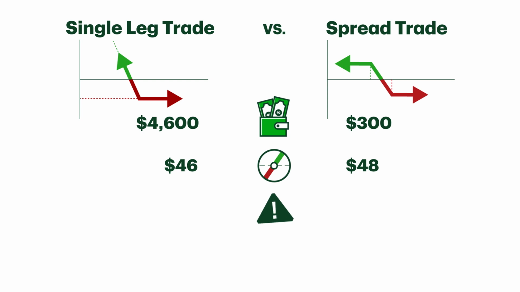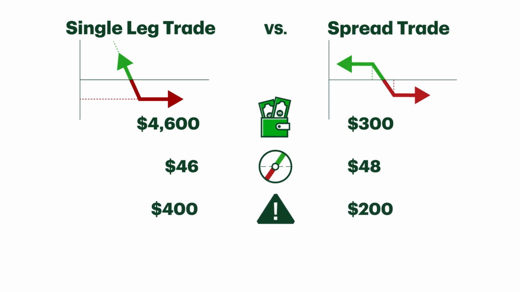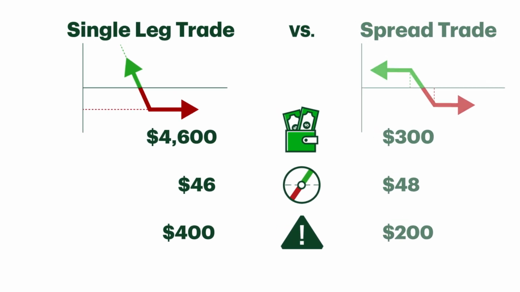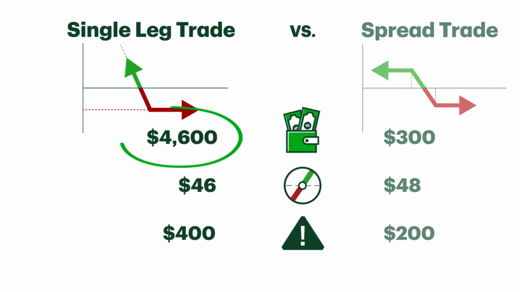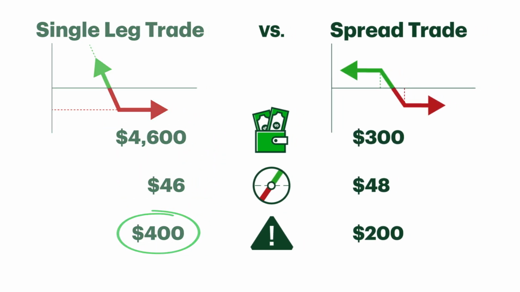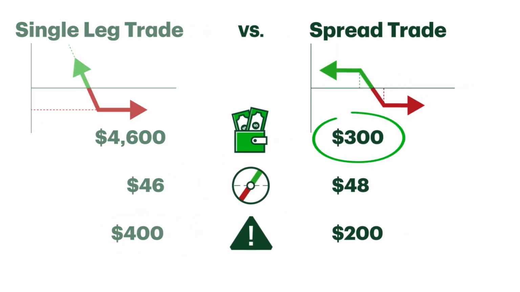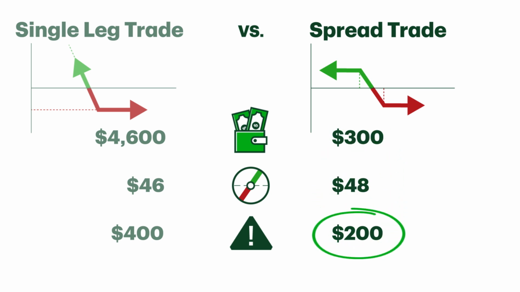The maximum loss for the single leg trade is $400, whereas the maximum loss for the spread trade is only $200. As you can see, the single leg trade offers the greatest potential for profit, but it also costs the most. The spread trade, on the other hand, may not offer as much potential profit, but it is cheaper, not to mention profitable sooner than the single leg trade.